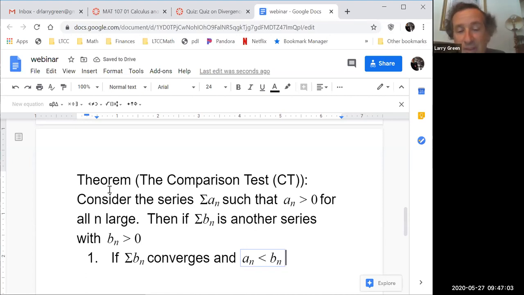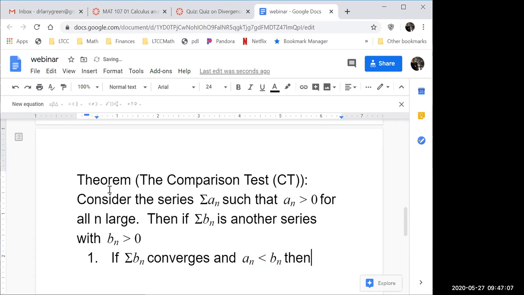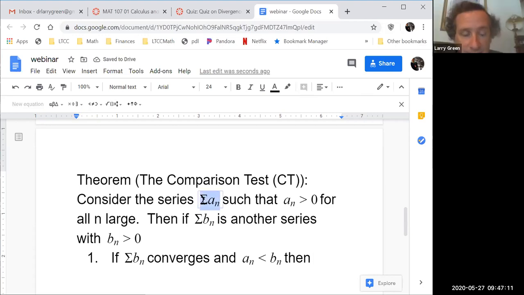Any guess? What can we say? It converges as well. Yeah. Then the summation of An also converges.